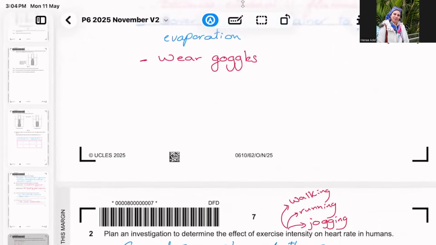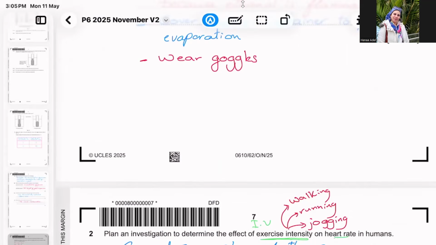Next, the question is to plan an investigation to determine the effect of exercise intensity on the heart rate in humans. In this investigation, the exercise intensity is the independent variable, so we can change it by asking the people to walk, run, or jog, so different intensities of exercise.